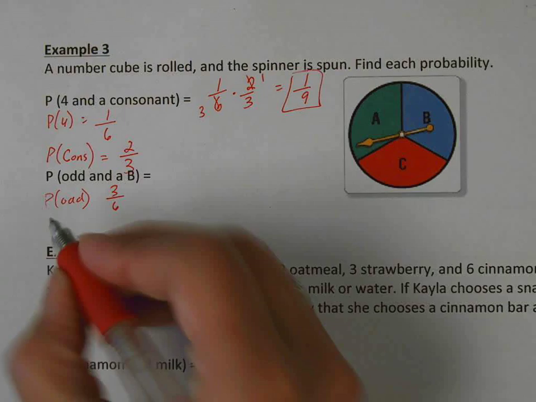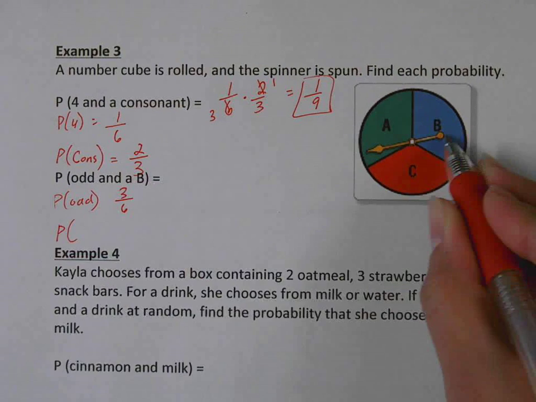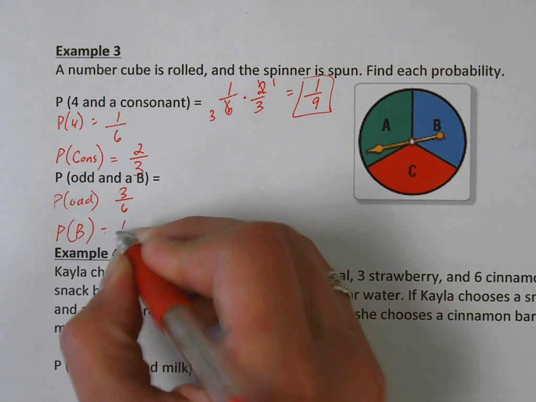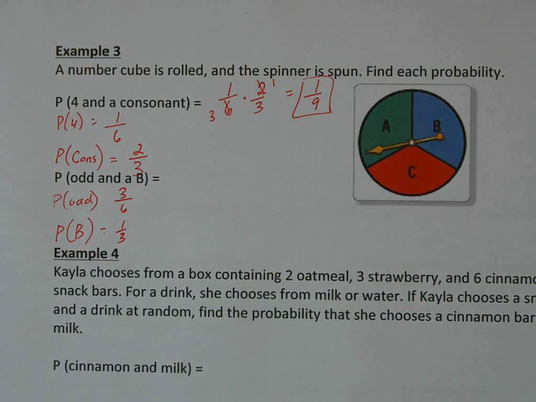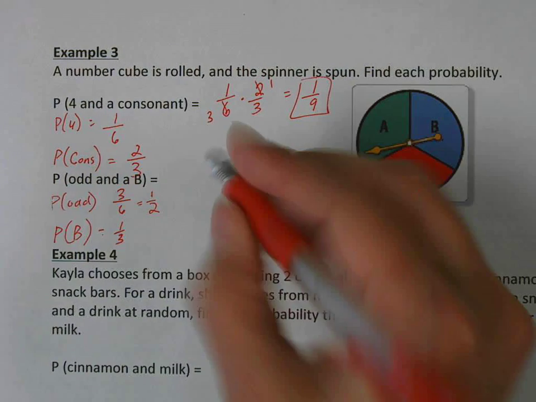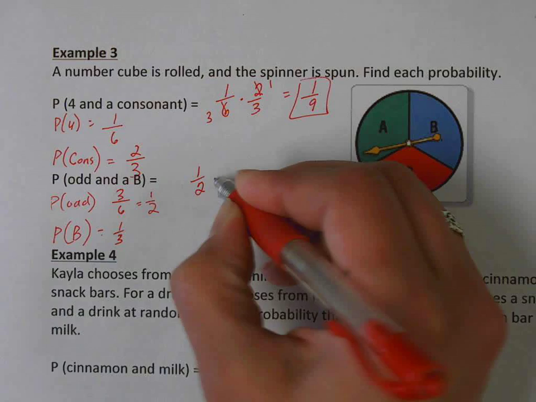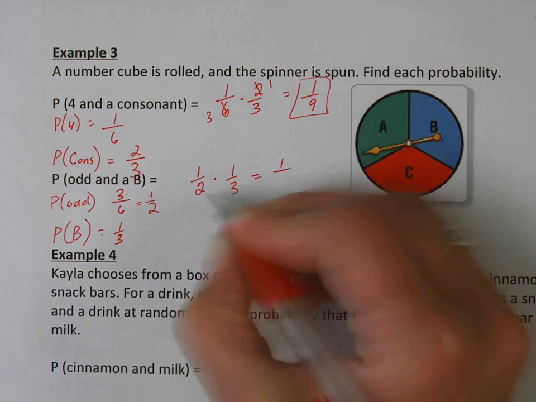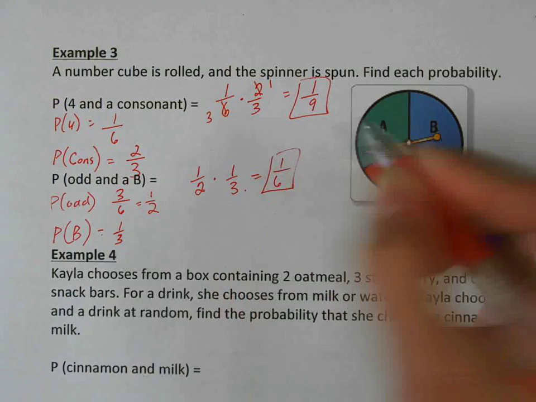And a B, there's only 1 B on my spinner out of 3. So that's 1/3. 3/6 can be reduced to a half. And now I need to multiply. 1/2 times 1/3. 1 times 1 is 1. 2 times 3 is 6, so 1 out of 6.